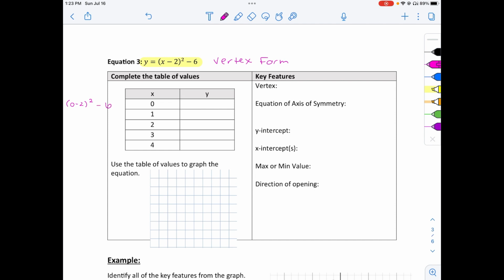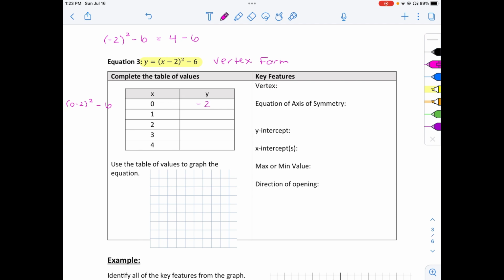So again, I will just show my math up above here and then erase it for each one. So 0 subtract 2 is -2, and that is squared, minus 6. Okay, again, if you type this into your calculator without brackets, it's going to tell you this is -4, but it's not. We know that -2 times -2 is +4, and then we're subtracting 6. So that will give us -2.